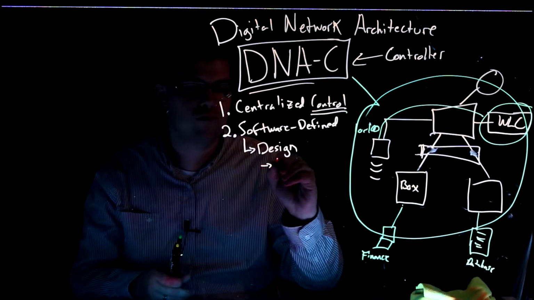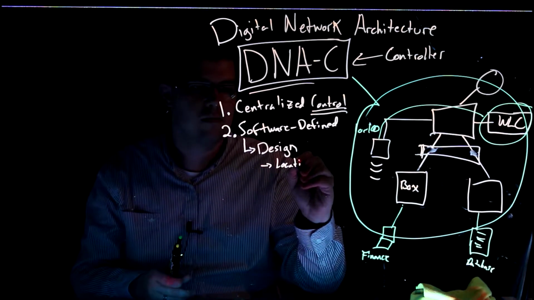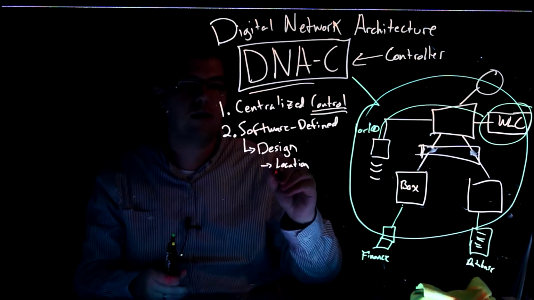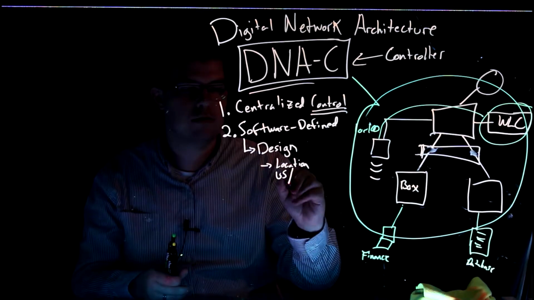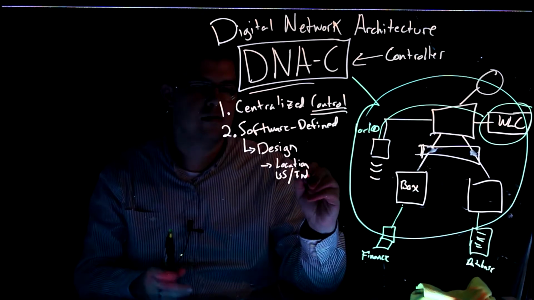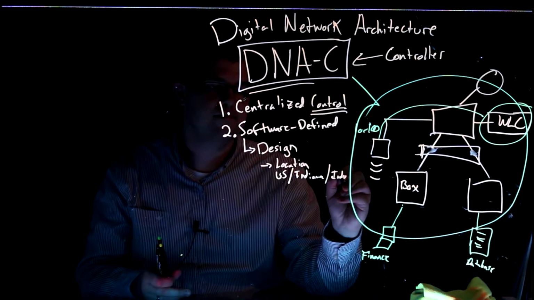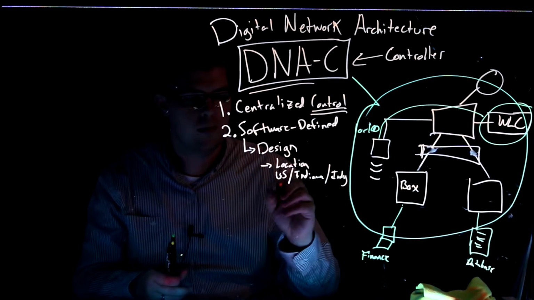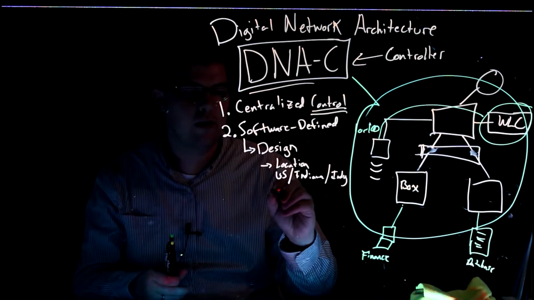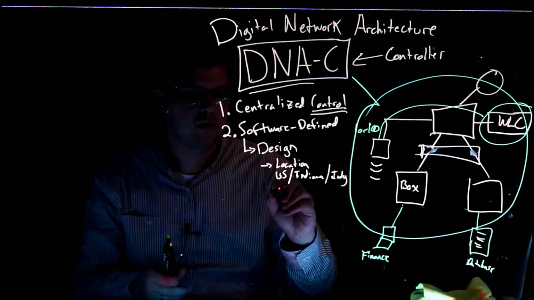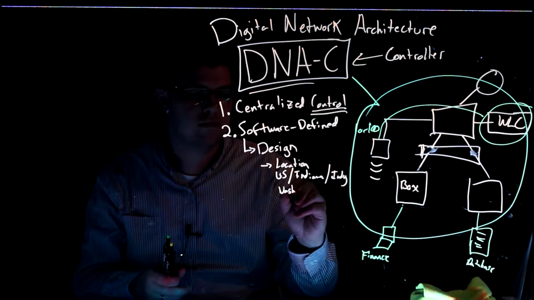I'm going to put in different things like location. So there's a hierarchy to it. You're in the US, you're in Indiana, you're in Indianapolis. And I've got a building on Washington Street.